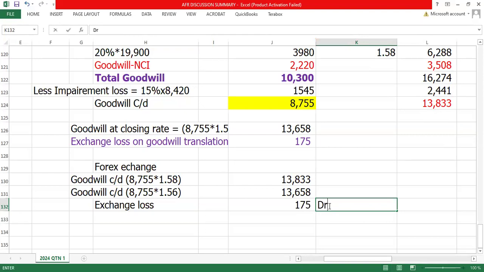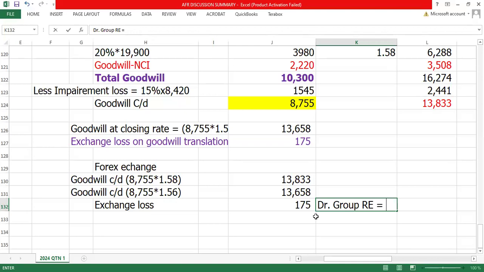So you debit what? Retained earnings. You debit the group retained earning. Does it also affect the NCI? I think it affects just the goodwill.